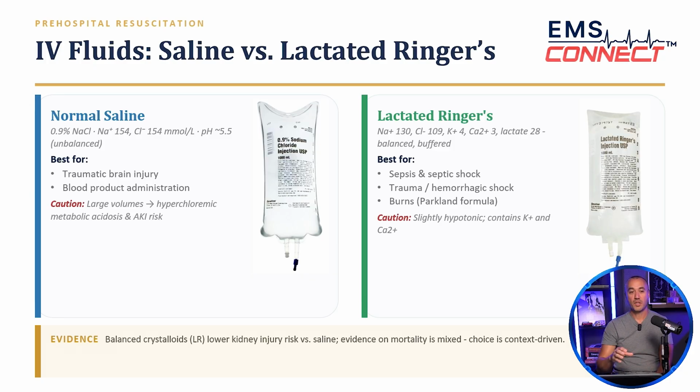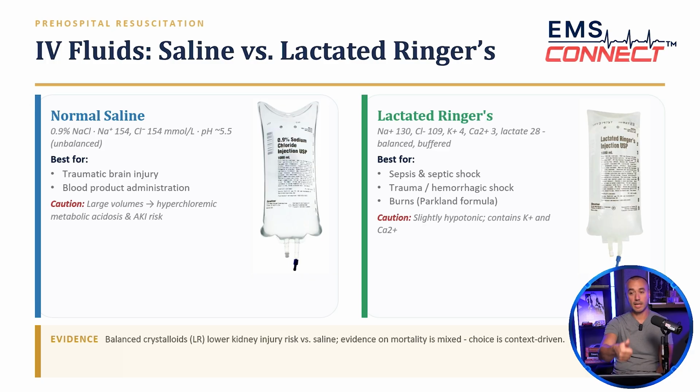As there's nothing normal about normal saline, it doesn't mean that lactated ringers matches our blood content perfectly. So as you can see here, the sodium content is about 130, which is a little lower than what our circulating sodium is. Chloride's about similar. Potassium it does contain, which is about there as well, on the lower end of where our normal potassium is. It does carry some calcium and lactate in there.